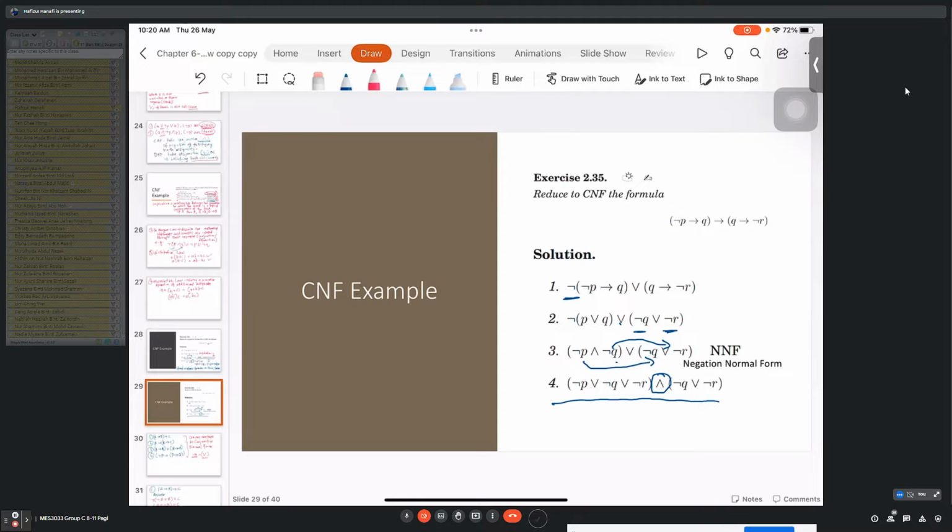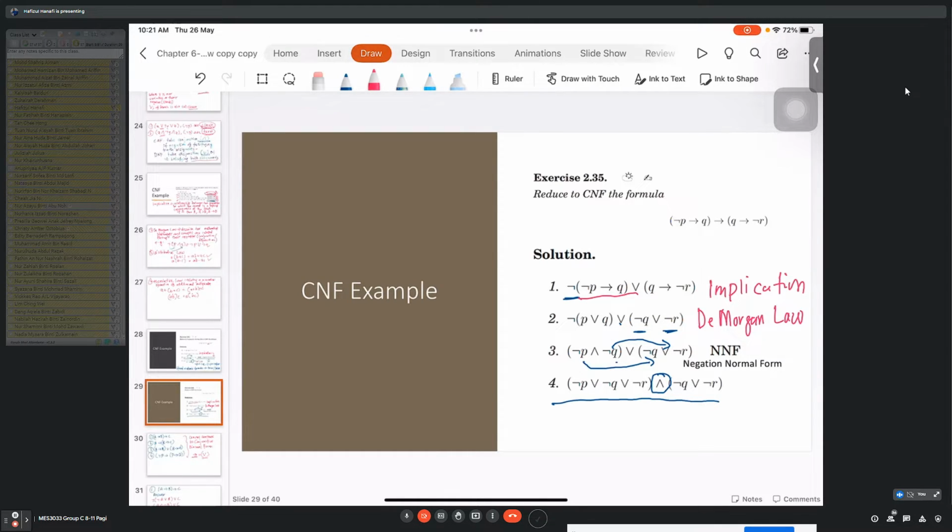Okay, same as this. First we have the implication here. And then we have De Morgan Law. We have negate (P or Q) here, and then or negate Q or negate R. And then we have the double negation normal form to eliminate the negation.